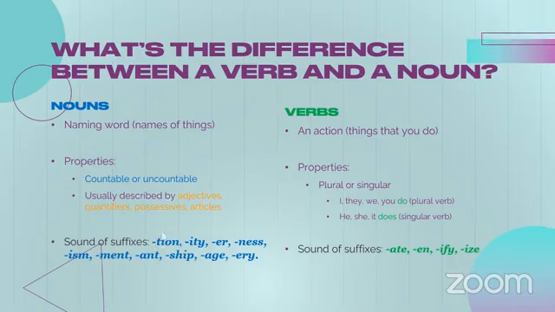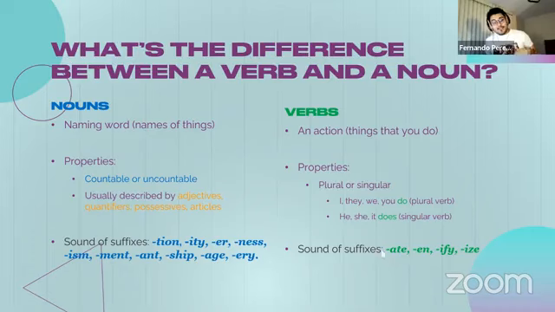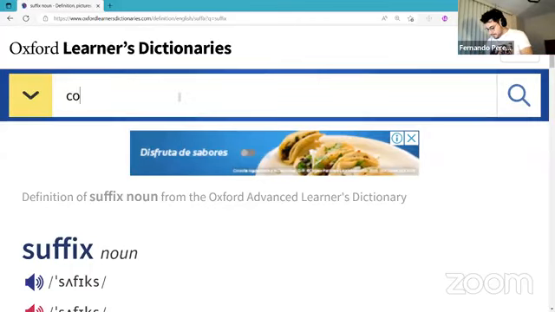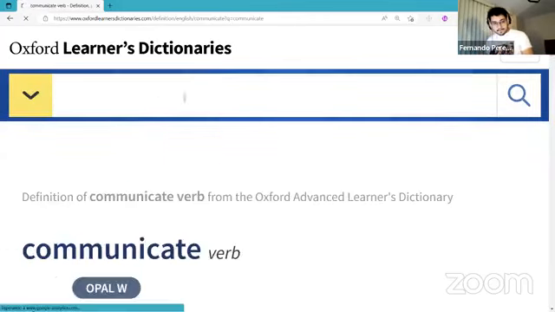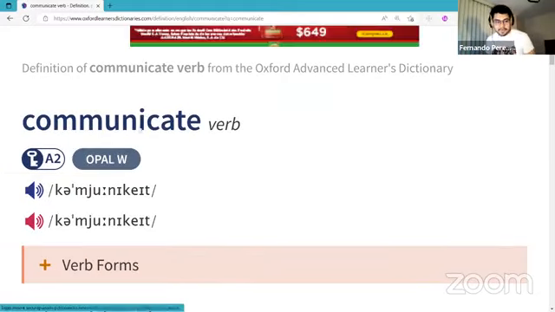Eliminate the -tion and collocate -ate, and you obtain communicate. And communicate is a verb. Transformation. Shazam.